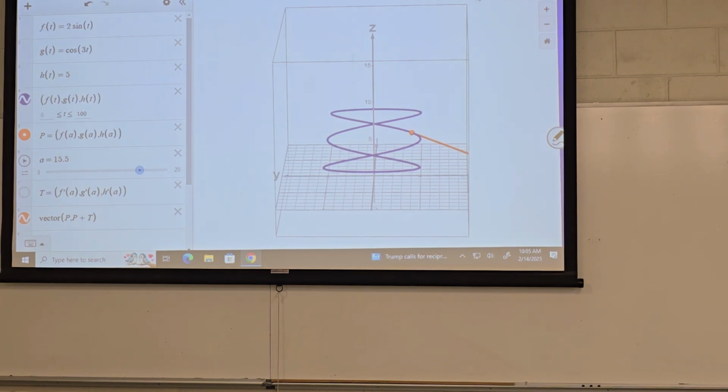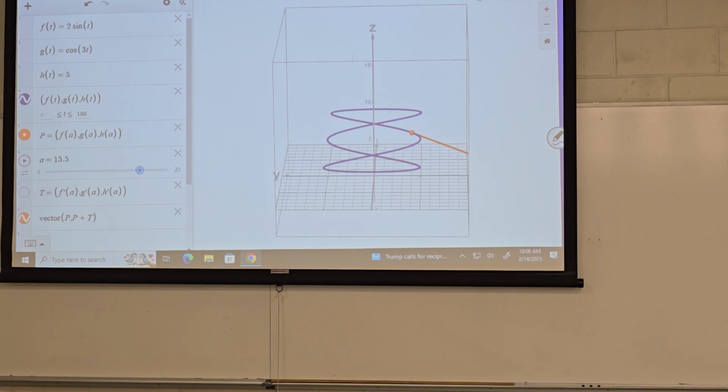G prime of A, H prime of A. Nice, that looks tangent. And we just don't need to see this blue dot, so you can just, don't delete it, just turn it off. Nice.